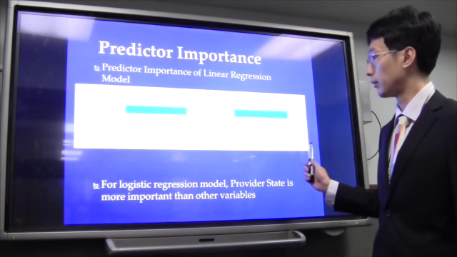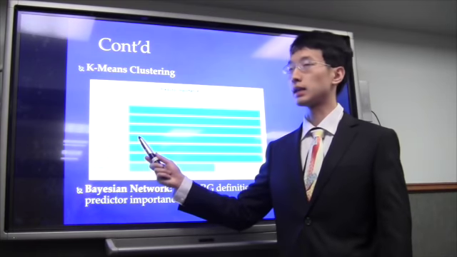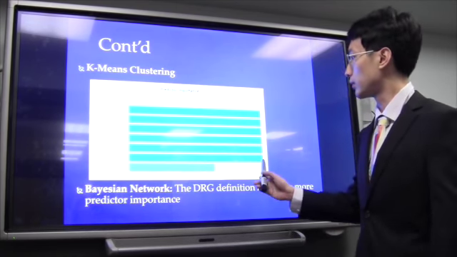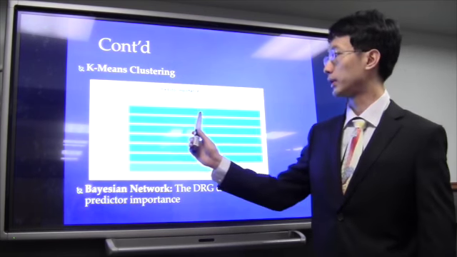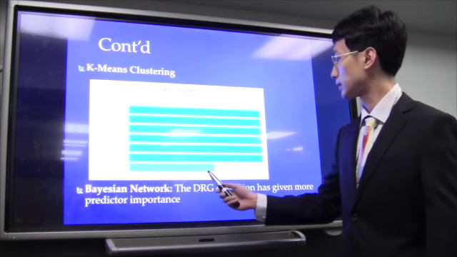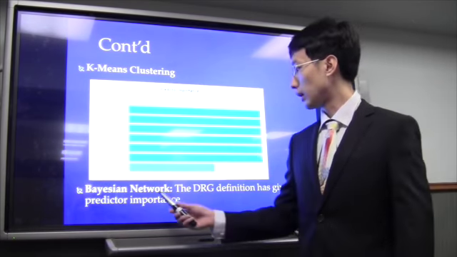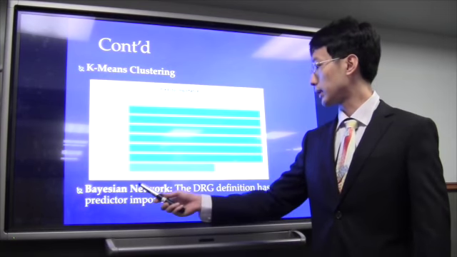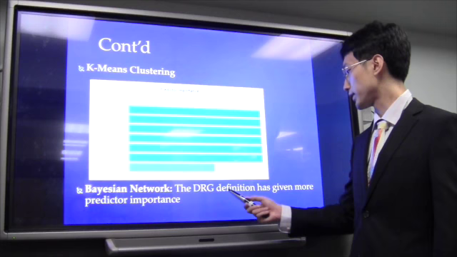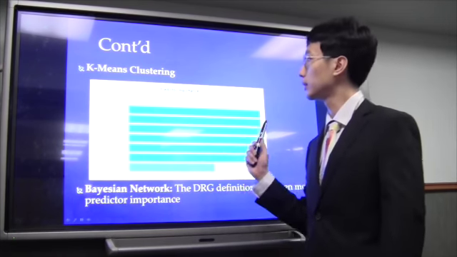For the k-means clustering model, all of these 7 inputs are very important. Even the least important one, the average total payment, has over 0.6 importance. The last model is the Bayesian network. In this model, the DRG definition has the most predictive importance.